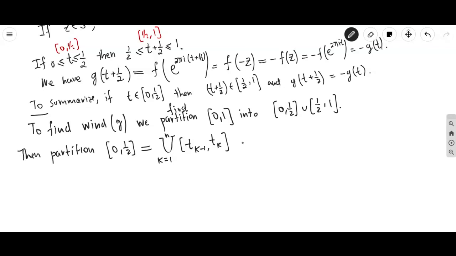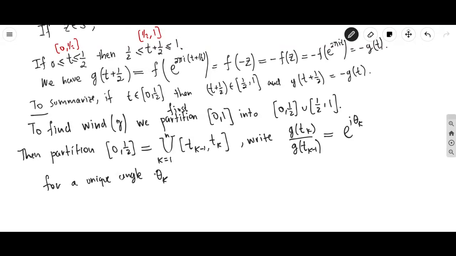And this is where the angle is going to come into a calculation. We're going to compute g of tk. We're going to take 2 adjacent positions in the loop, and we're going to write them as e to the i theta k for a unique angle theta k smaller than pi over 2. So that's what we do.